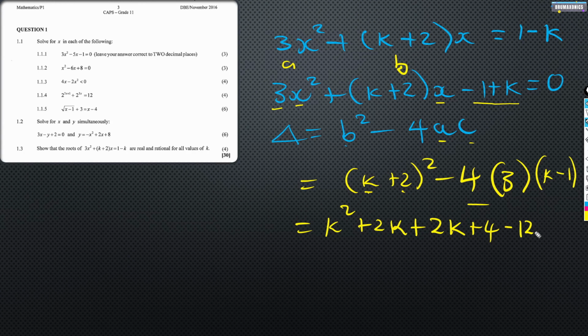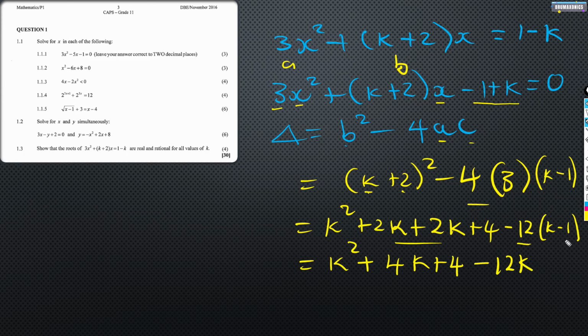So this is what we have, and then this will be negative 12, right? And then remember that we have to multiply everything inside by 12, right? So let me try to say k squared, plus 4k, and then plus 4, and then this times k will be negative 12k, this times that will be positive 12, right? So let's try to simplify this.